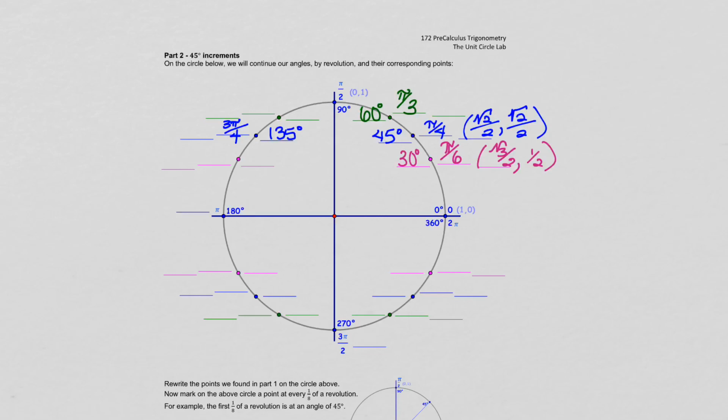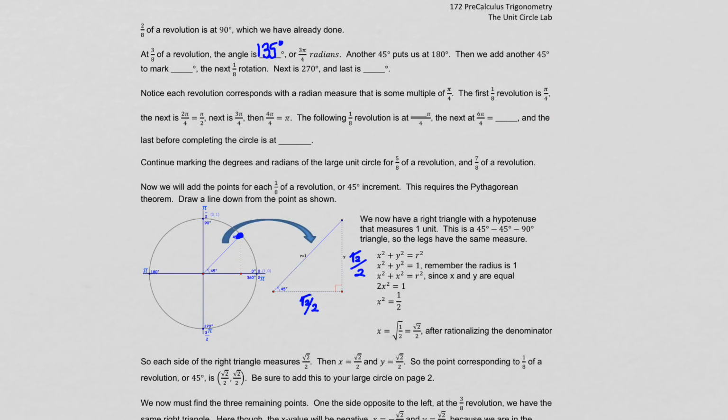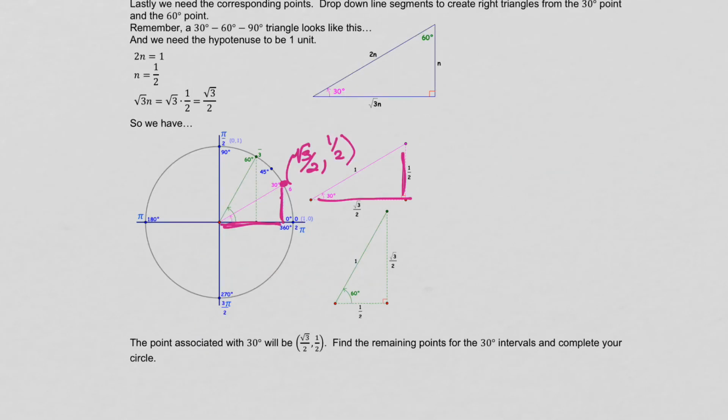And then to find each point across and down, across will be in the same order, but one of them's negative. Down will be in the same order, root 3 over 2, 1/2. But think about what is negative. And over here, same order, but think about what's a negative. And then last, for pi over 3, then you've got this triangle.